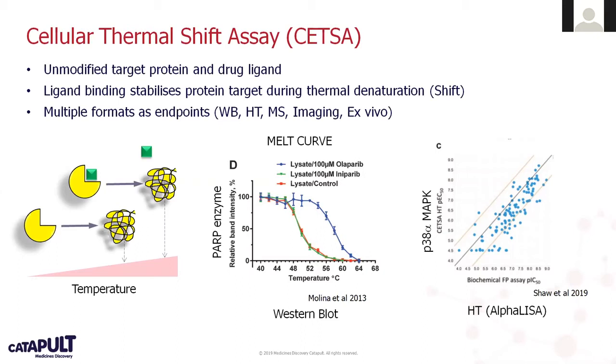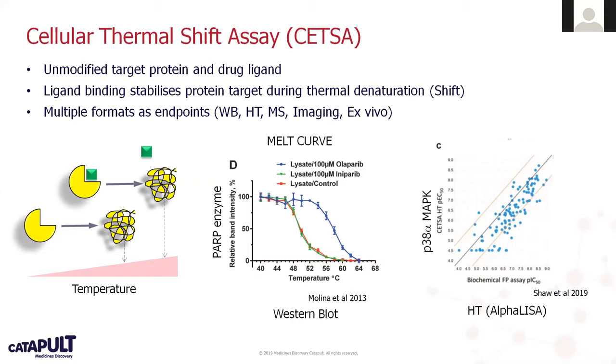The data in the middle panel there is from the original Karolinska Institute publication. They've shown there the PARP enzyme target with a compound that does bind to the target, in this case olaparib, and that's in blue. You can see the shift there to a higher temperature compared to a compound which doesn't bind the target, iniparib, in green. I'll actually come back to these compounds on my last slide.